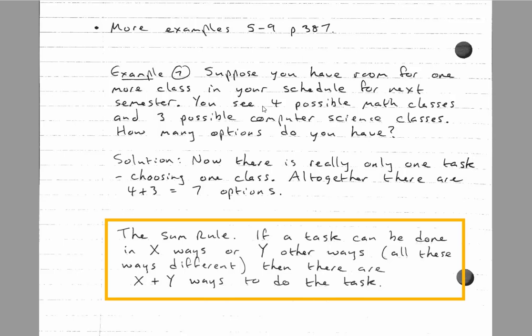It would be a different question if you were choosing 2 classes, 1 math, 1 computer science, and there are 4 and 3 options. Then it would be 12 for choosing 2 classes.